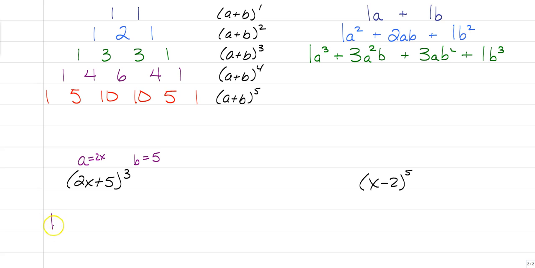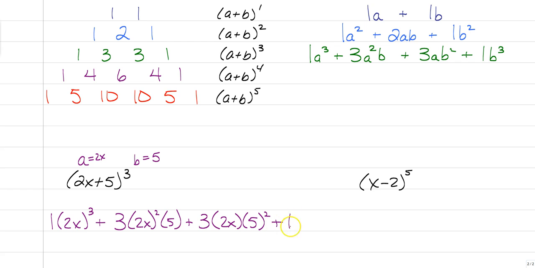So that means we have 1 times our a value cubed, so 2x cubed, plus 3 times our a value squared, so that would be 2x squared, times our b value, 5, plus, and now we're going to do 3 times just the a value, but then the b value squared, plus 1 times your b value cubed.